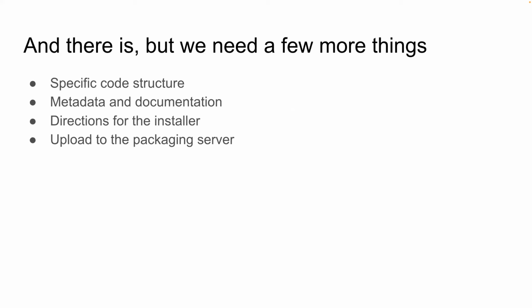First of all, a Python package has a specific code structure. Then you need to enrich it with some metadata and hopefully documentation. Best packages should have good documentation. You need to provide directions for the installer and upload the package to the packaging server.